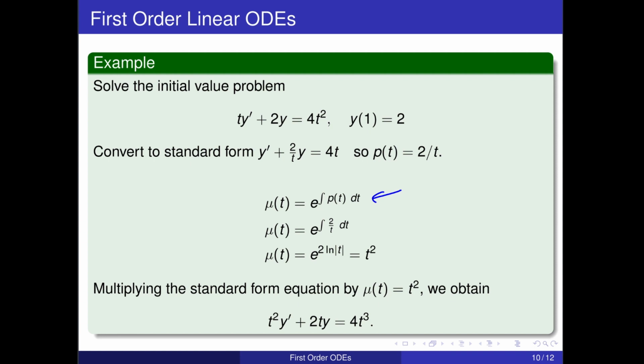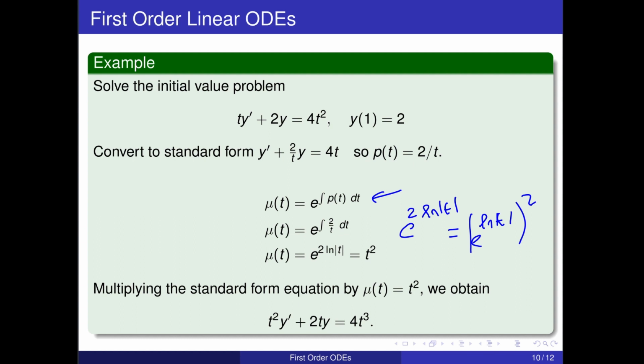And now e to 2 times the natural log of absolute value of t ends up being t squared, right? This is, again, using some exponent rules. So e to the 2 times ln absolute value of t is the same as e to the ln of absolute value of t, quantity squared.